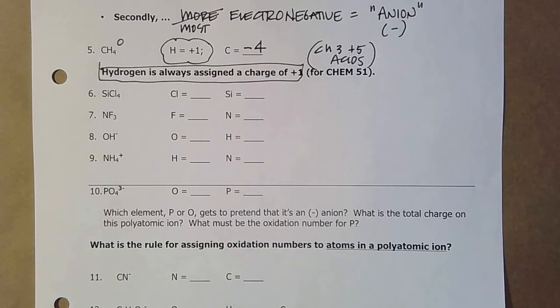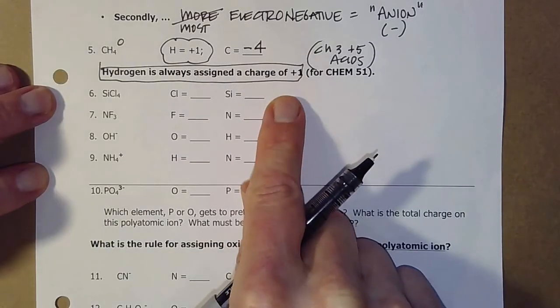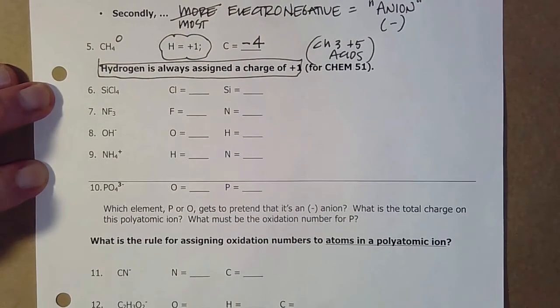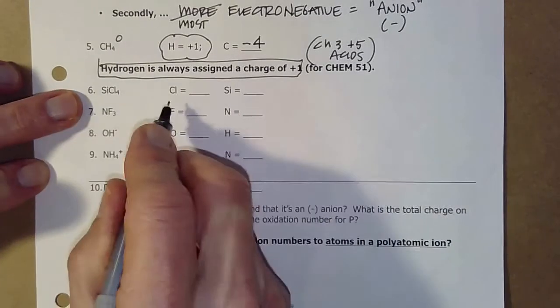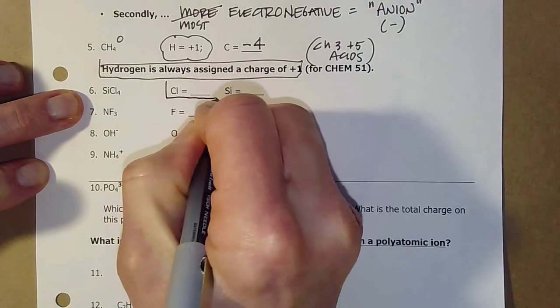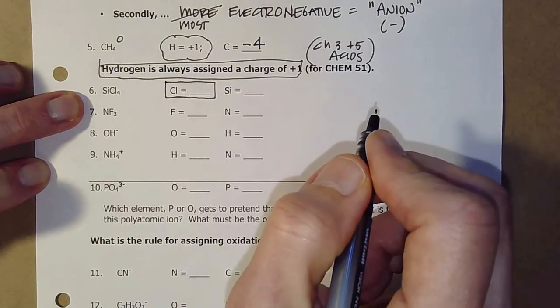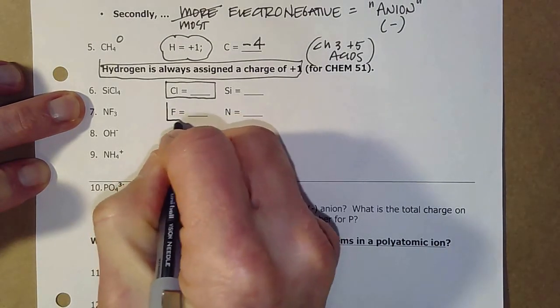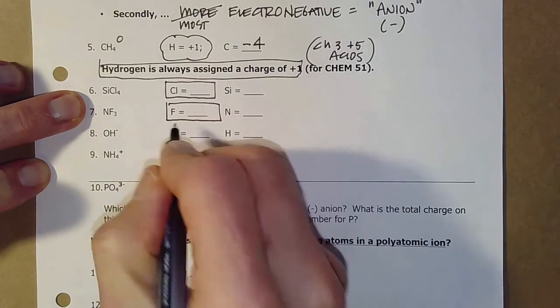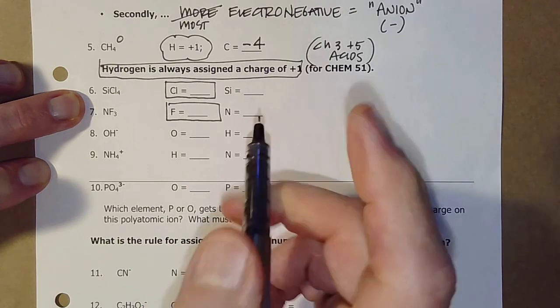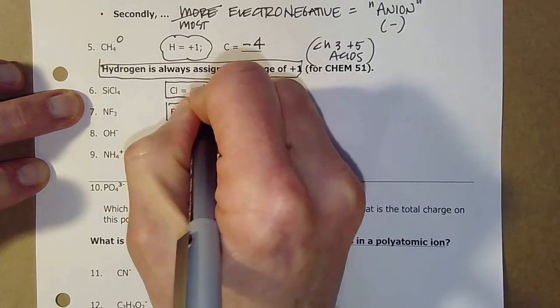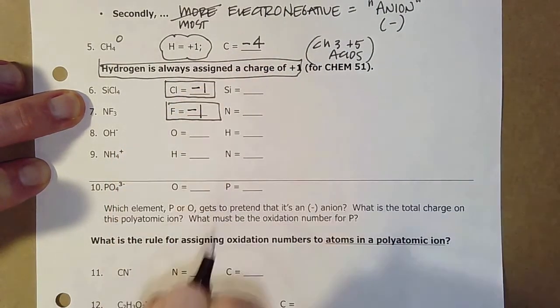Okay. So hydrogen's always +1. The more electronegative gets to be the anion. So I look at this. Chlorine is more electronegative than silicon. Fluorine, more electronegative. And I remember from chapter 3, oh yeah, chlorine's always going to be -1. Fluorine's always going to be -1.